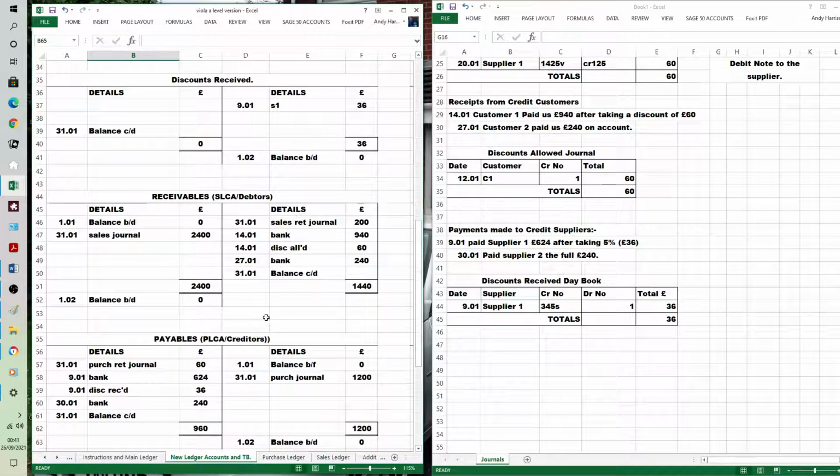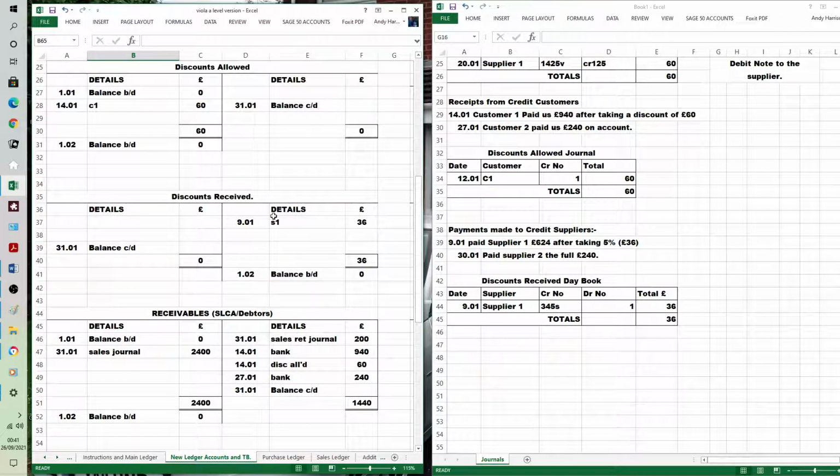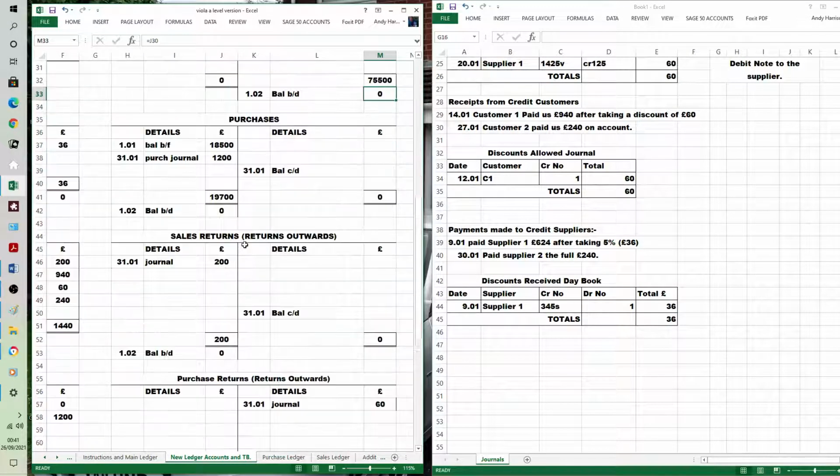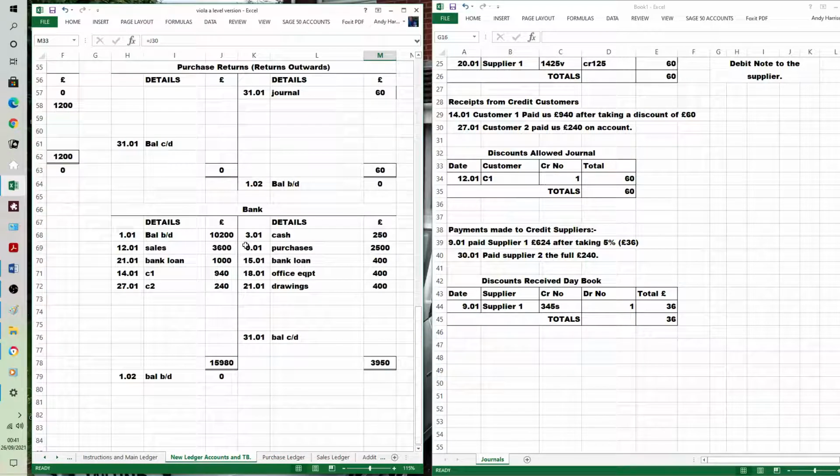So we've got all the entries in our payables, our receivables, we've got our discounts, we've put the extra sales in, the credit sales, the extra purchases and the returns in. We haven't put the payments made to credit suppliers in the bank yet, so always got to have a way of remembering you do everything when it's been done manually like that.